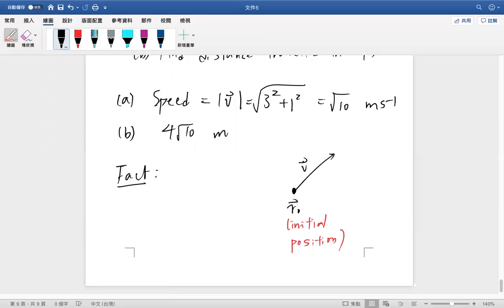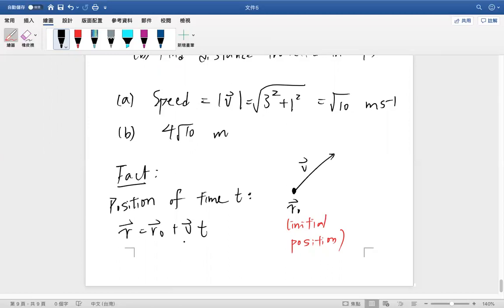The position at time t, let me just call this r, is equal to r0 plus vt.